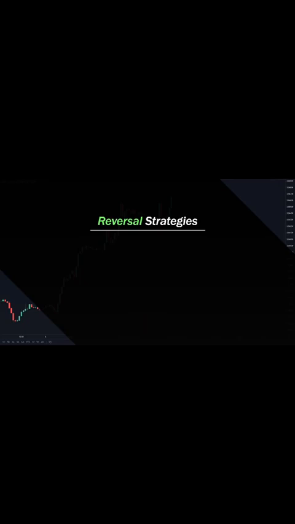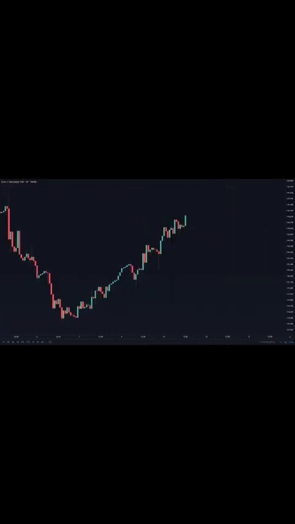So with that being said, here are a couple of strategies that you can use to predict reversals before they happen. The first one is called break of structure, and this is how it works. So first, in order to spot a reversal, the first step is you want to find an existing trend. And in this chart, we actually spotted a clear uptrend here. Notice how the price is structured.